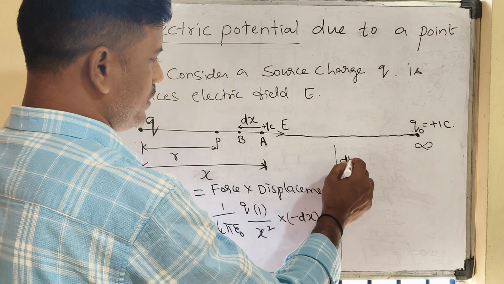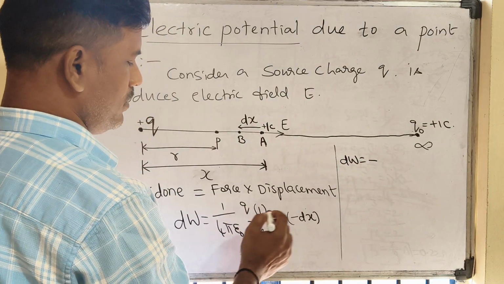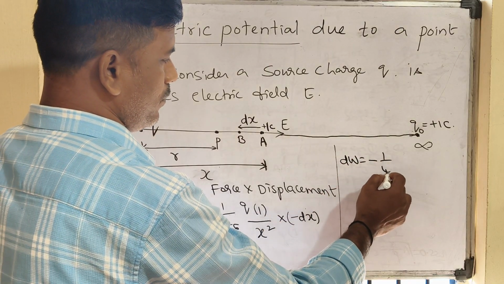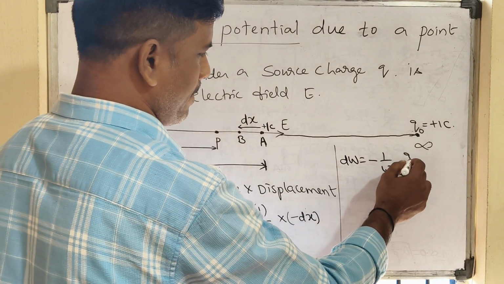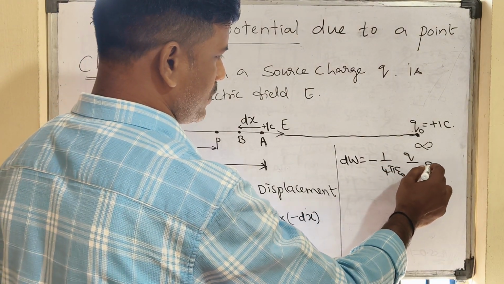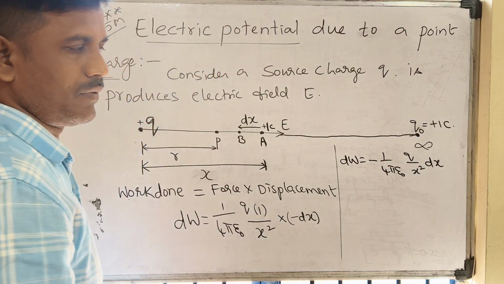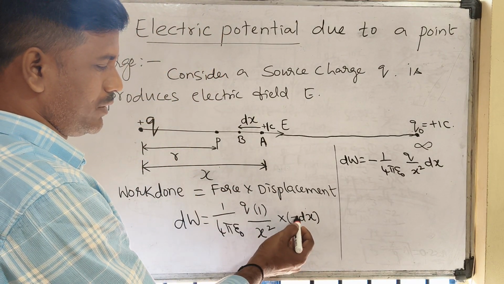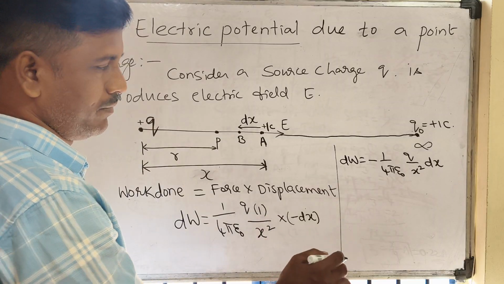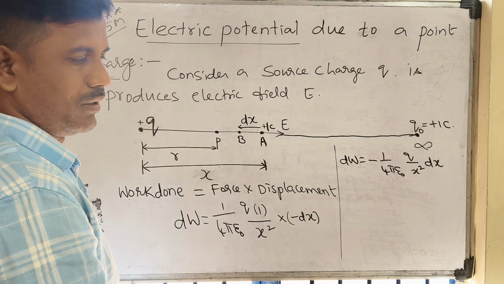So dW is equal to minus 1 by 4 pi epsilon naught q by x square into dx. Understood? Nothing else I did, only the minus moves to the front. That's it. Now it is a small work done.